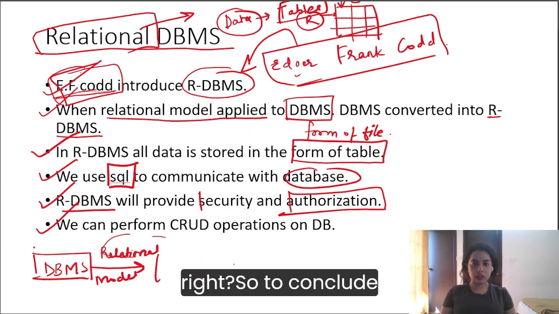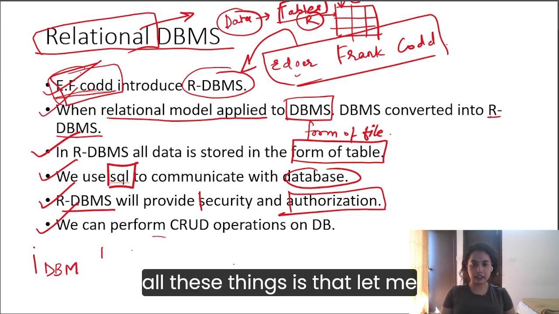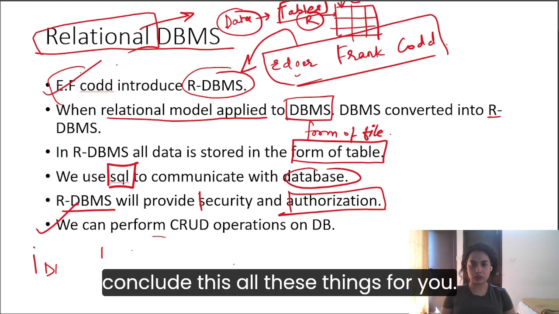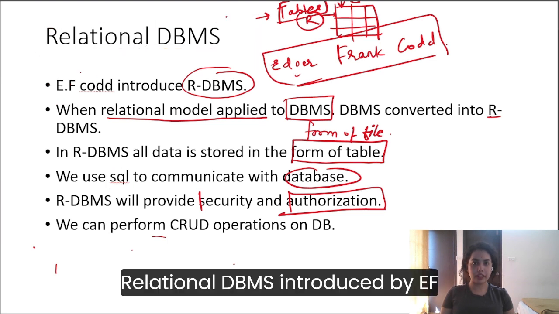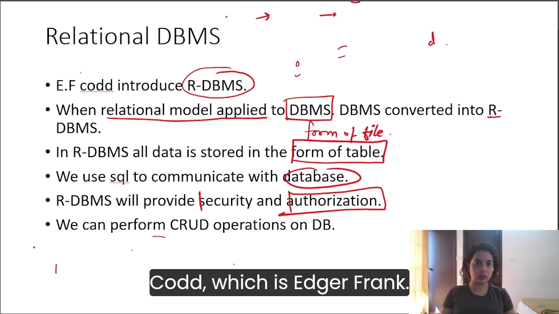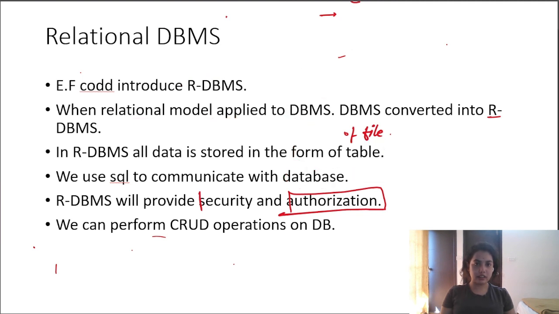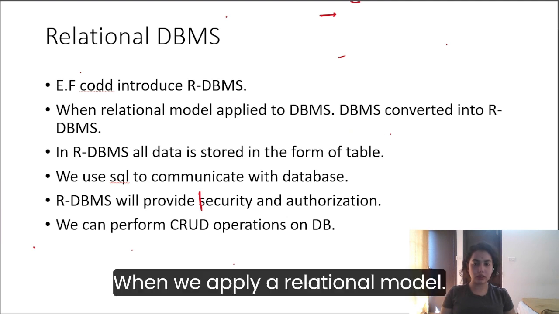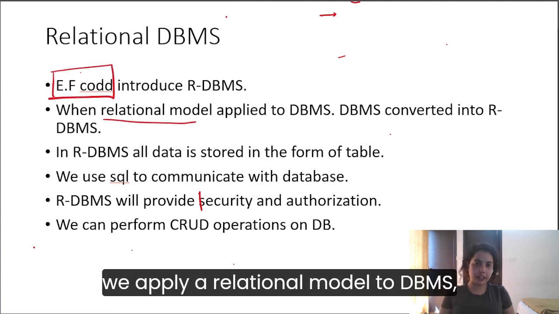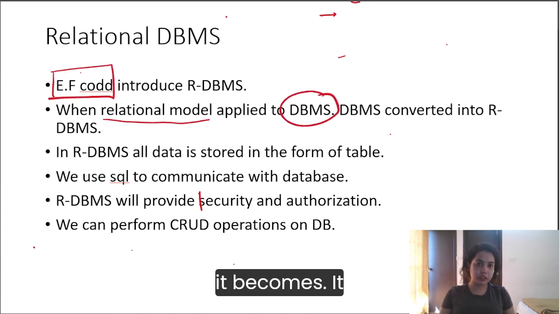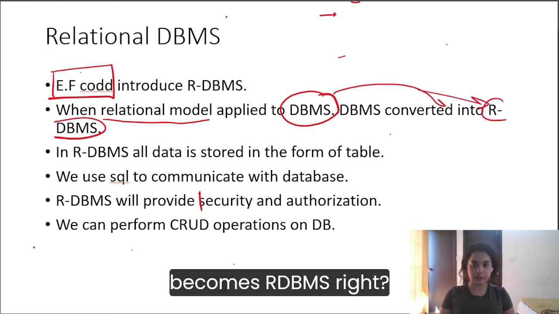Let me conclude all these things for you. Relational DBMS was introduced by E.F. Codd, Edgar Frank Codd. When we apply a relational model to DBMS, it becomes an RDBMS.